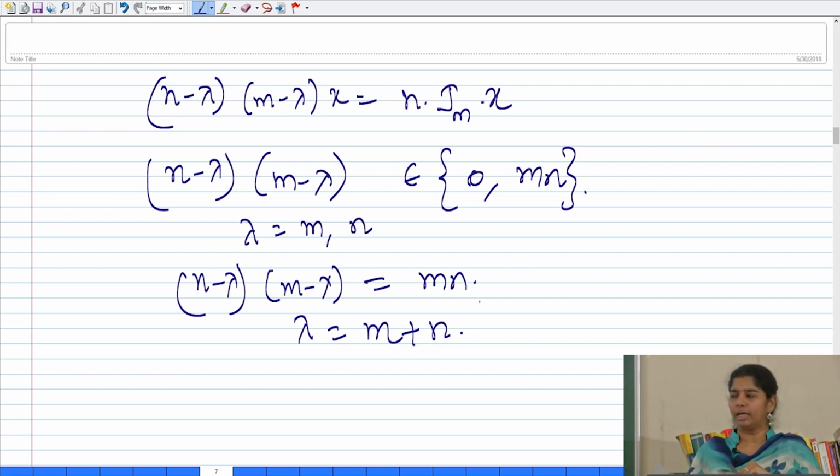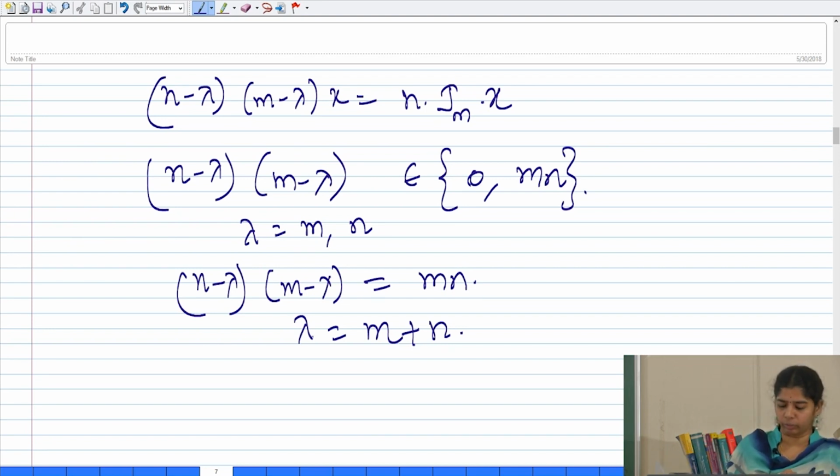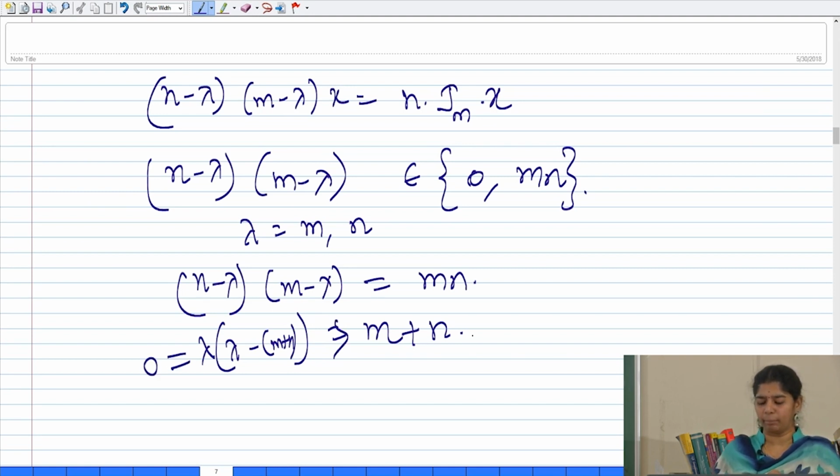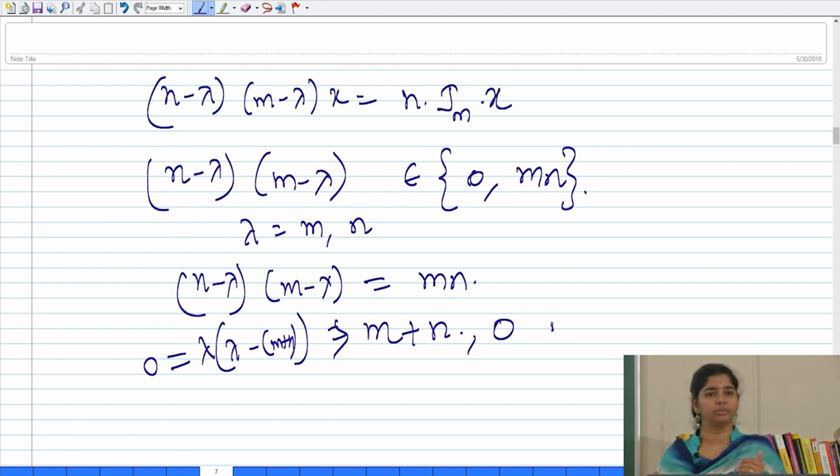So you will just have lambda into lambda minus m plus n equal to 0. Solving this, you get m plus n or 0 as eigenvalues. So these are the 4 eigenvalues that are possible for my Kmn.